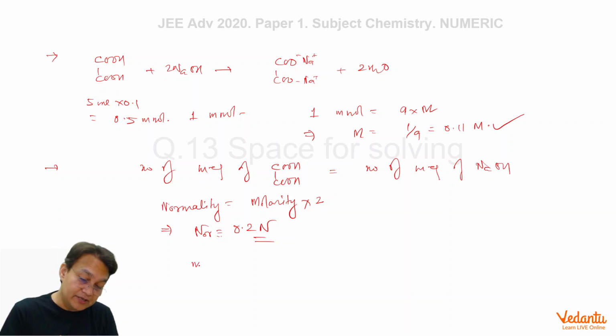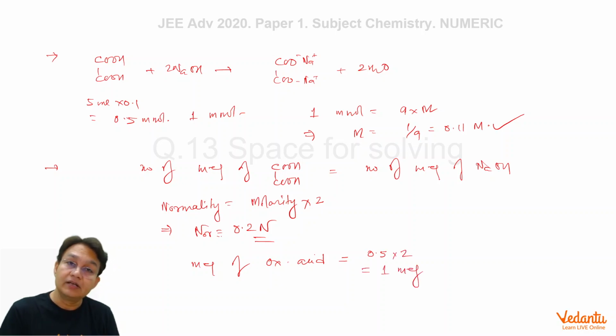That means the milli equivalent of oxalic acid is 0.5 into 2, which equals 1 milli equivalent, and that is equal to the milli equivalent of NaOH.